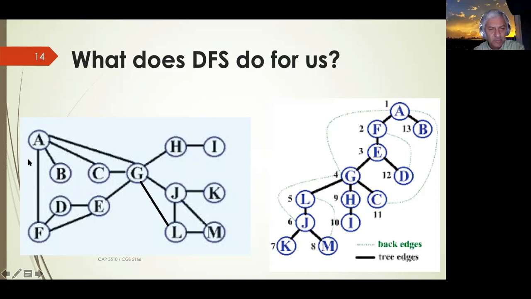So all of this is part of one biconnected component. AB is another one, that's number 2. Then GH is the third one, HI is the fourth one, JK is the fifth one, and this whole piece is the sixth one. That's G, J, L, and M. Did you get that?